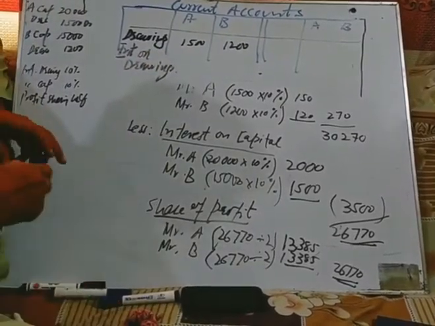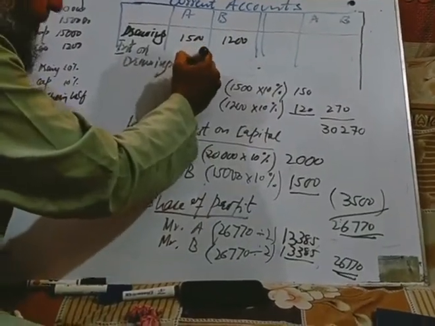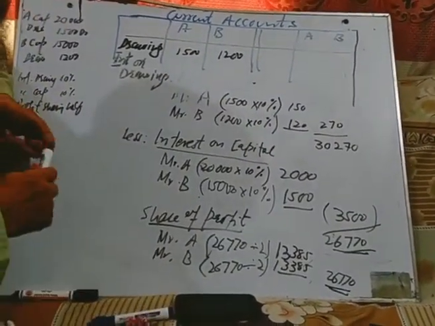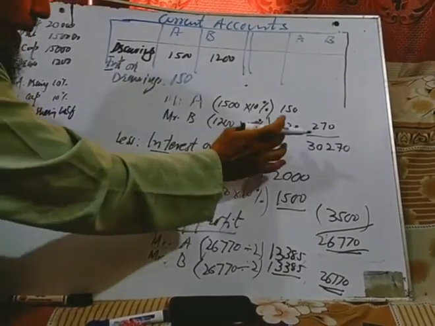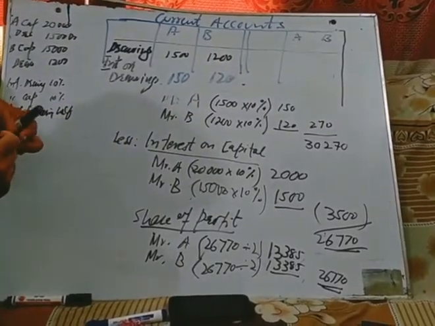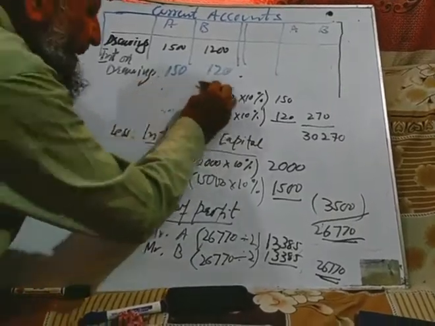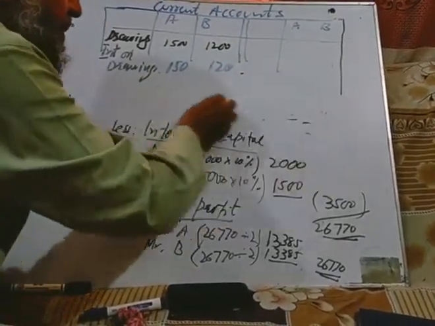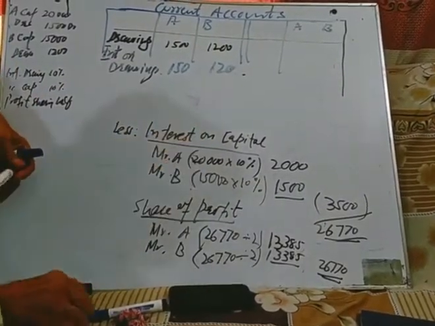Interest on drawings, right? Mr. A was given 150 and Mr. B was given 120. Now this point is transferred, so I erase it from here, so that you can see the other points over here.